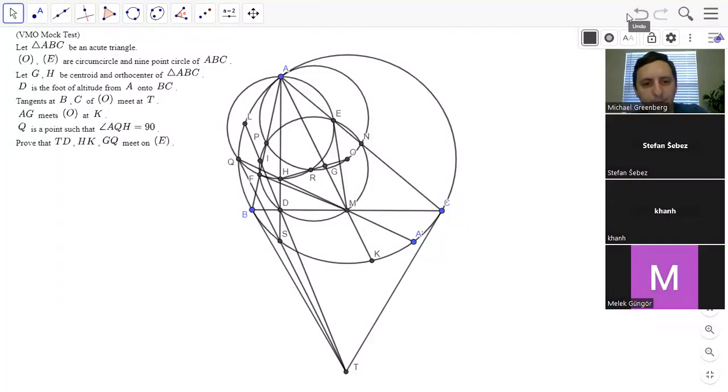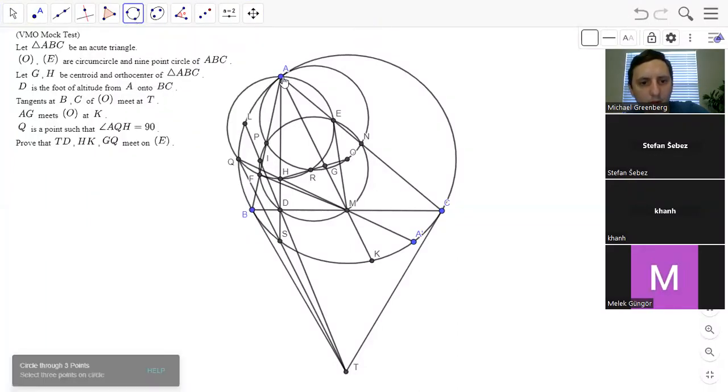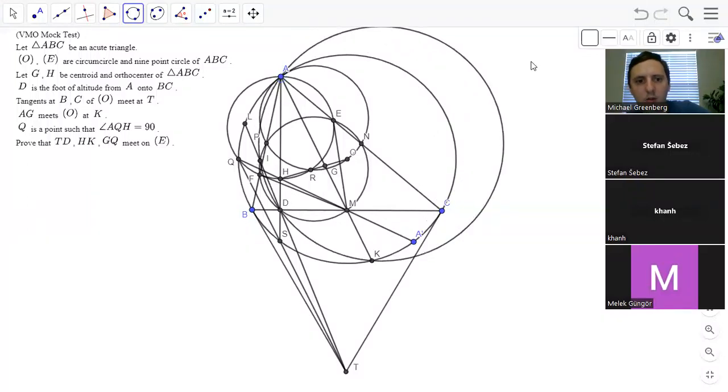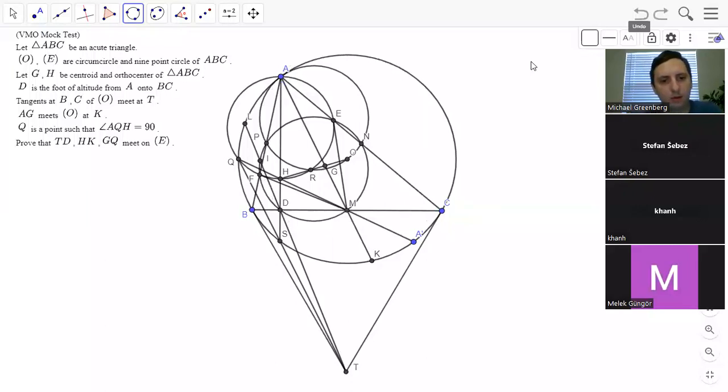Basically, we would need to show that I, H, and K are collinear. So I and K would swap under this inversion, which means that IDKA should be cyclic. We don't know that, but we should strive to prove it.